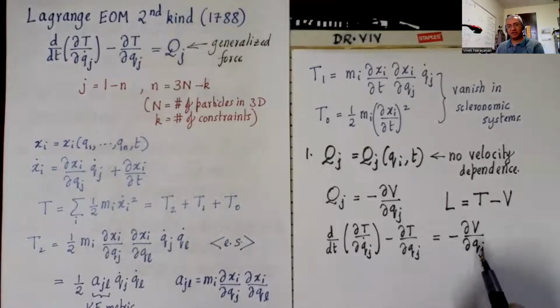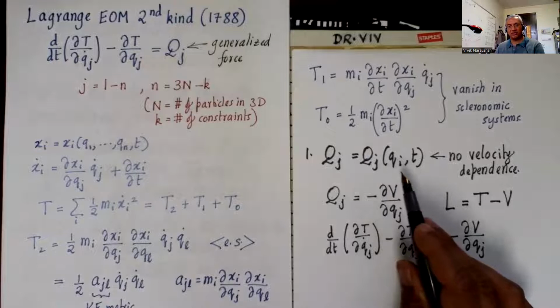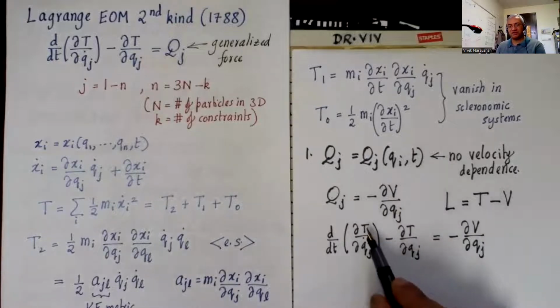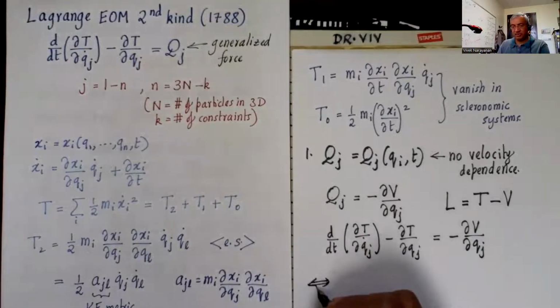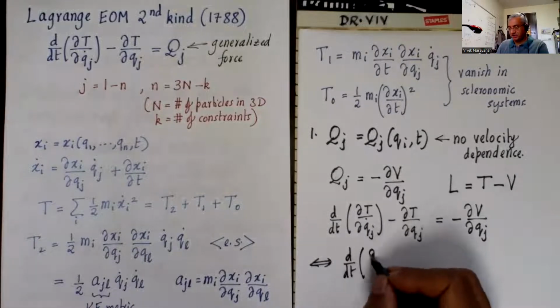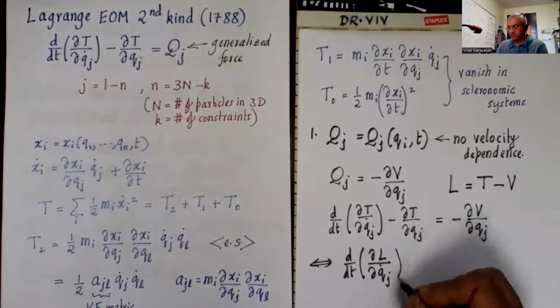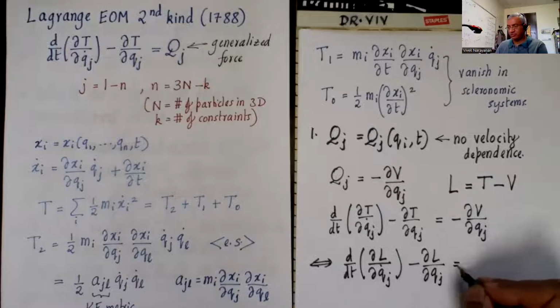It doesn't have any qj dot in it because capital Q has no qj dot in it. So I can simply write T as T minus V, or L, in other words. So this gives me d by dt del L over del qj dot minus del L over del qj equals 0.